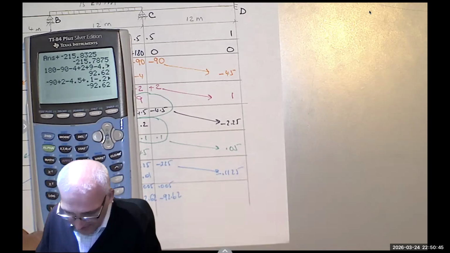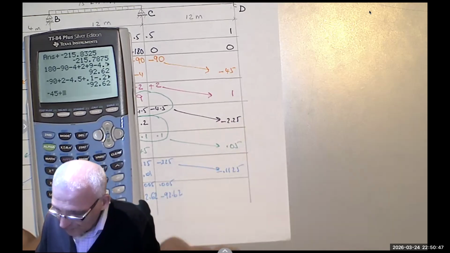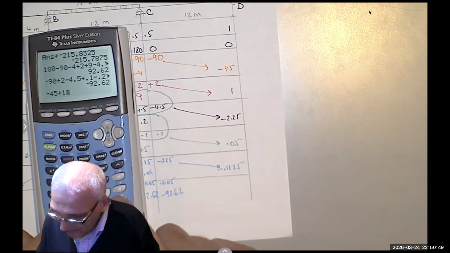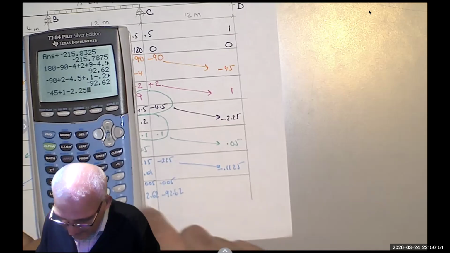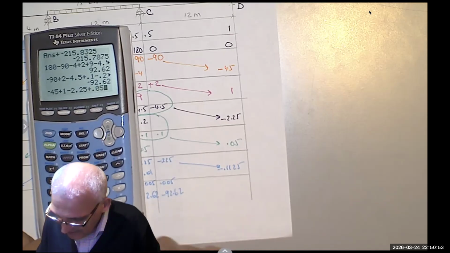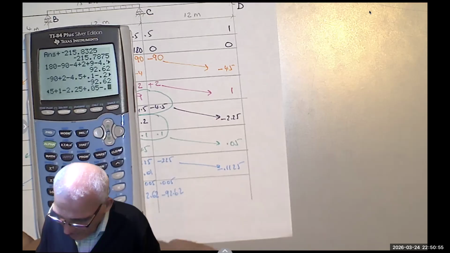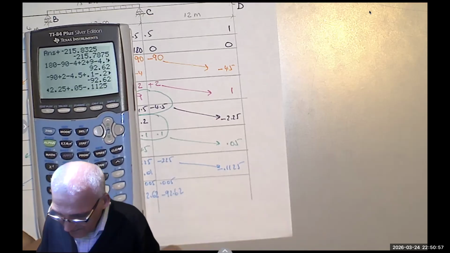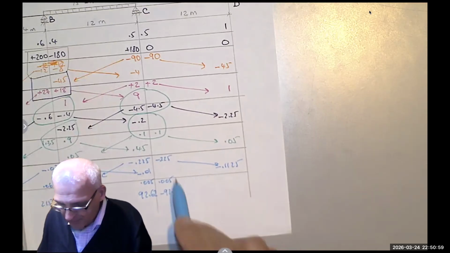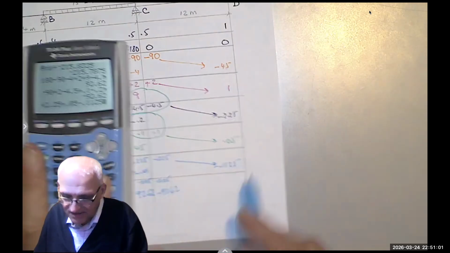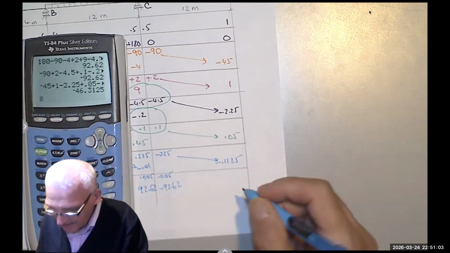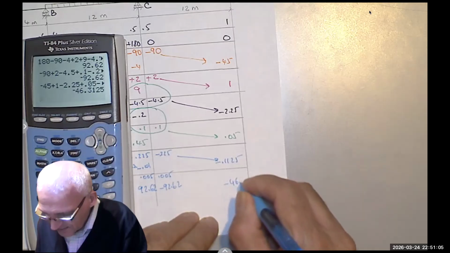Finally, I have negative 45 plus 1 minus 2.25 plus 0.05 minus 0.1125. And in fact, we can also take 0.0025, which is negligible. So we can say negative 46.31.